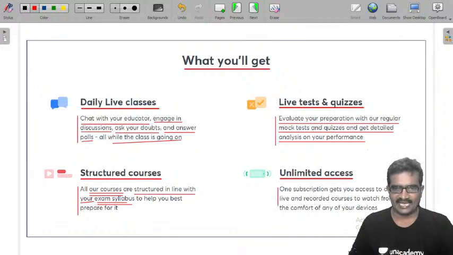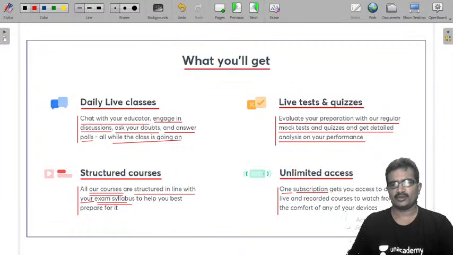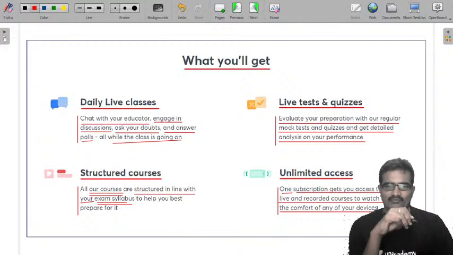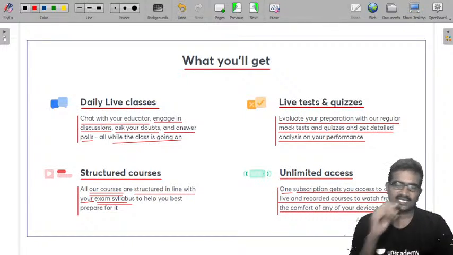Next, unlimited access. Once you take one subscription, you get access to all our live and recorded courses to watch from the comfort of any of your devices.